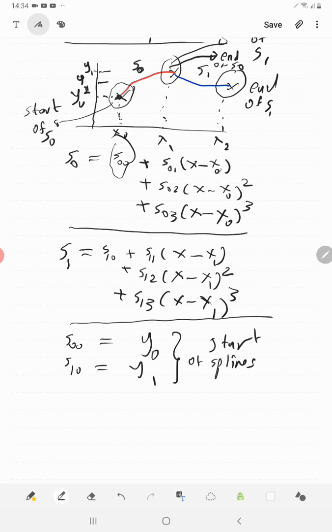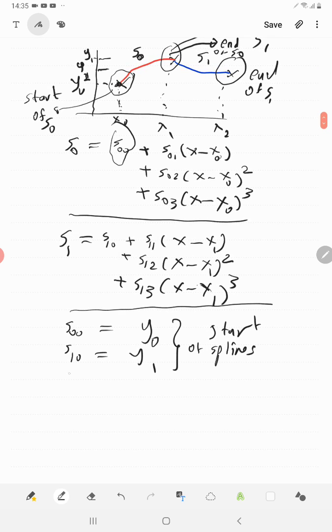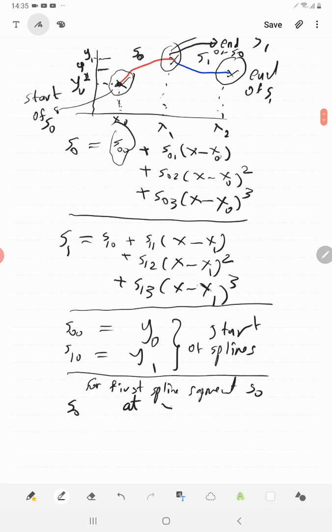If we choose x equal to x1, then for the first spline segment S0, we have S0 at x1, which is the end of segment 0.